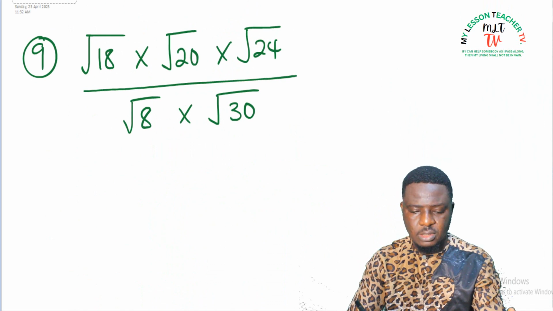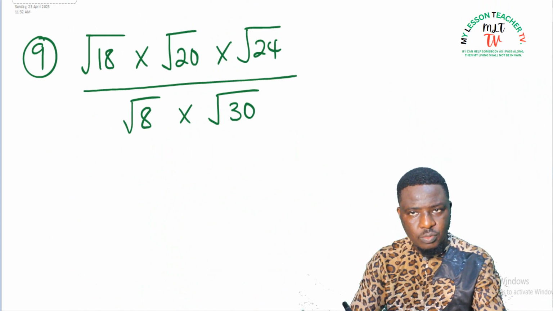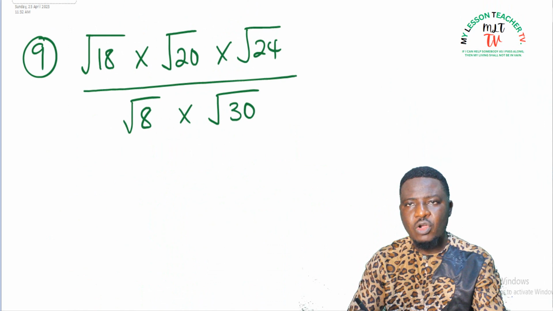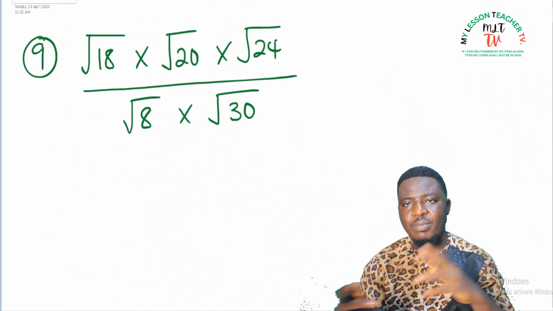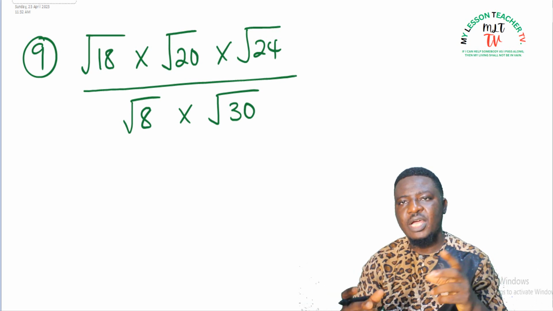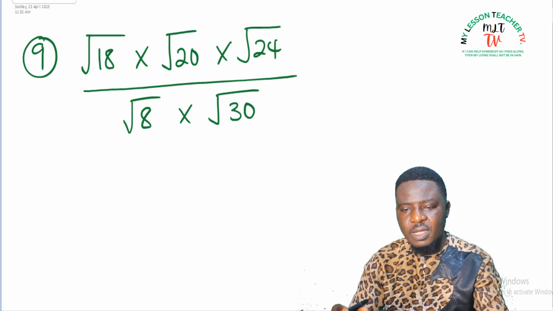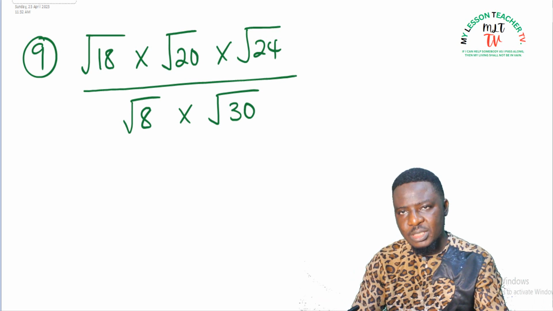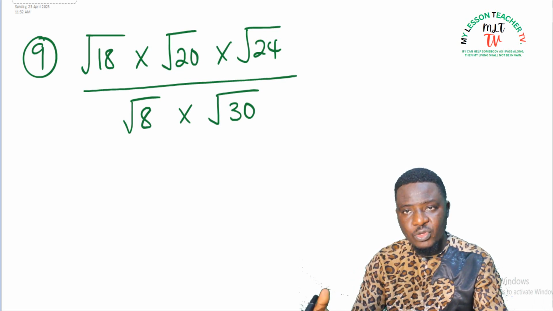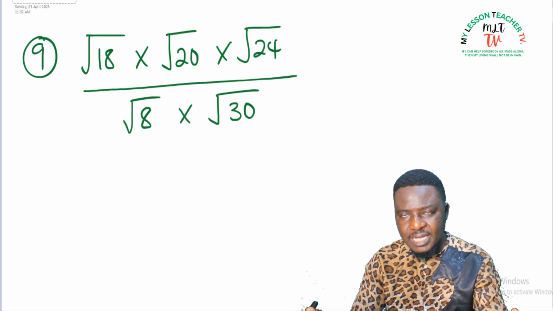I would advise that, just like I always do, express each of the terms into their basic short forms, and automatically most of them may cancel out themselves. Thereafter, you rationalize whatever you have. You can as well rationalize at this point, but it's going to be cumbersome for you to handle. I prefer simplifying it so as to make it easier.